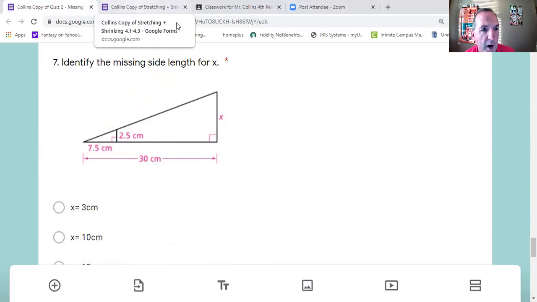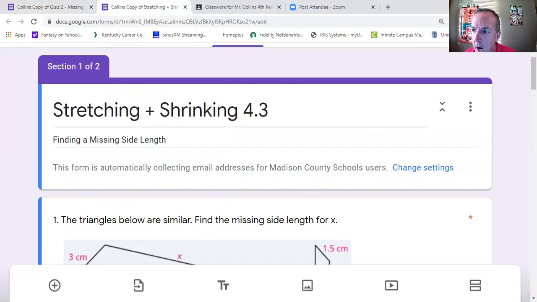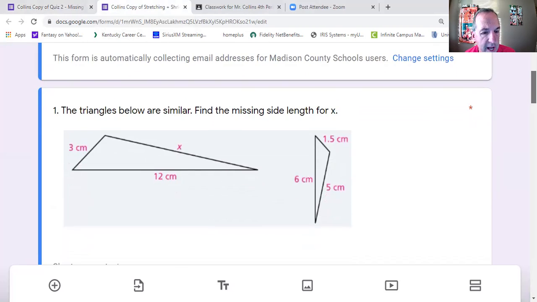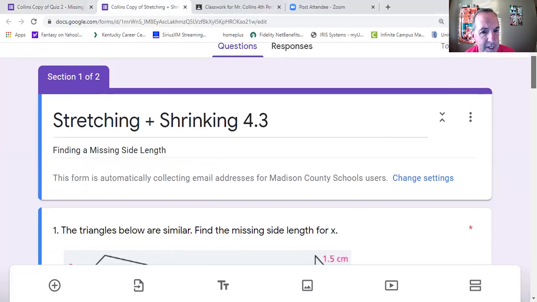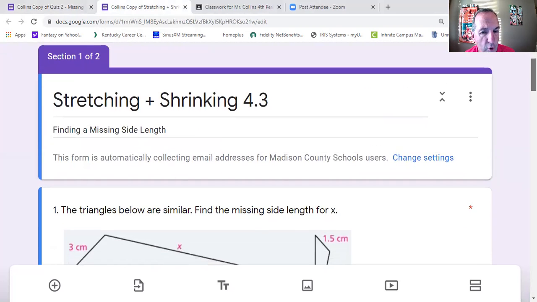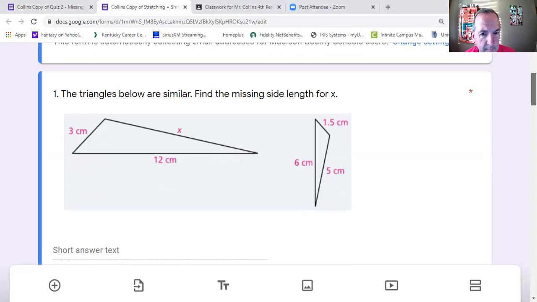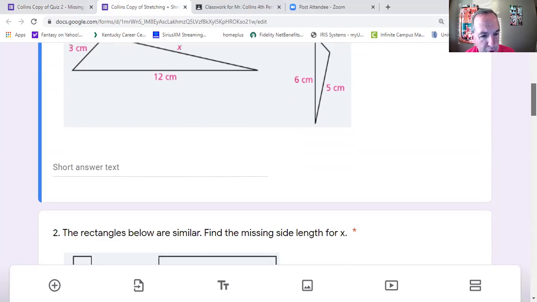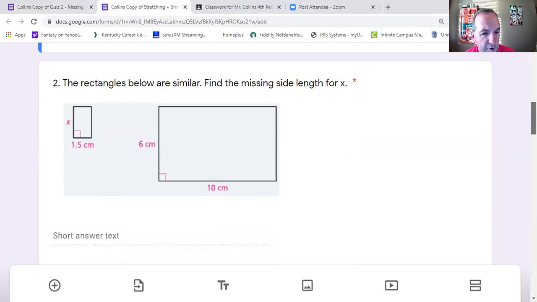Now, first of all, here is your homework that we actually did in class, and you can use the same procedure. This is under Stretching and Shrinking 4.3. The title of the assignment is 12-pointer. So these are what you're going to see. Triangles below are similar. Find the missing side X. Make sure you use your rules and go through that. Same for the rectangles.